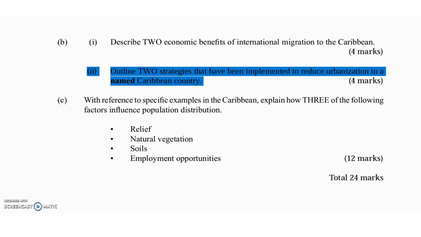Number two, now looking at it from a different perspective, urbanization is the movement of people from the rural areas to the city. Now, in Trinidad, there has been a significant degree of infrastructural expansion relating to road networks, interconnected road networks, and also the expansion of the highways and the roadways.